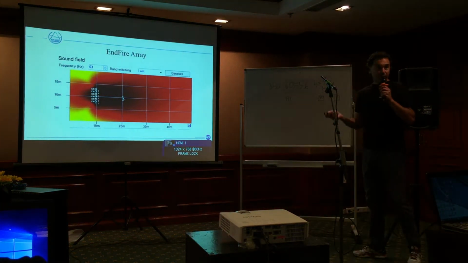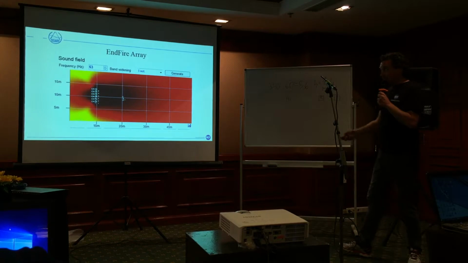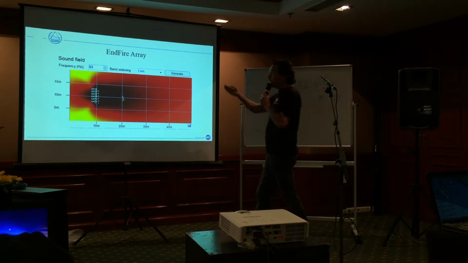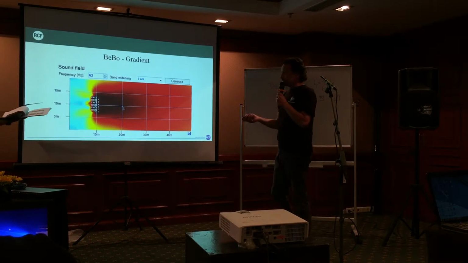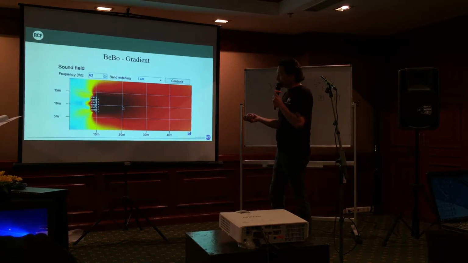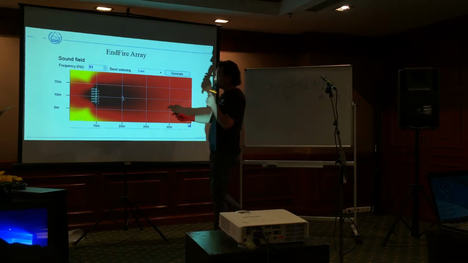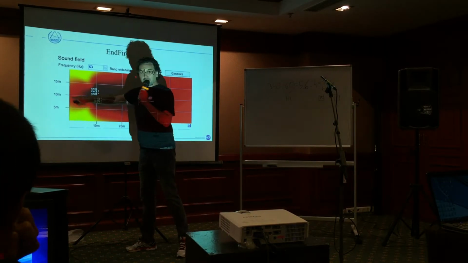With the same cluster of subs, two lines of subs, this is an end-fire array, and this is the big gradient array. This is the reversed one, while the end-fire has everything pointing forward. Look at the stage.